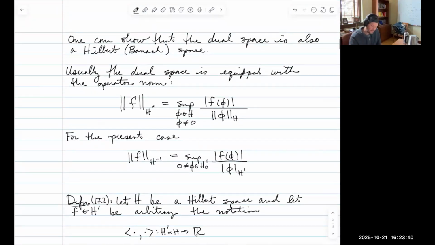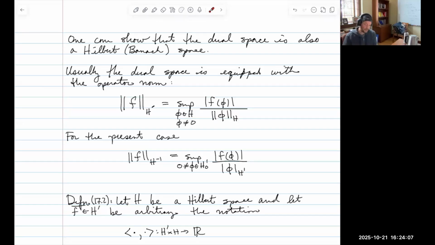So here's the usual definition of an operator norm. This one's for H prime, the dual space of H. We take the supremum over all phi in H not equal to 0 of the quotient absolute value of f of phi divided by the norm of phi. If I take the supremum of that, that's going to define the operator norm of f.